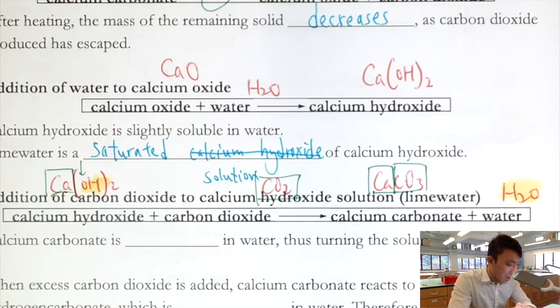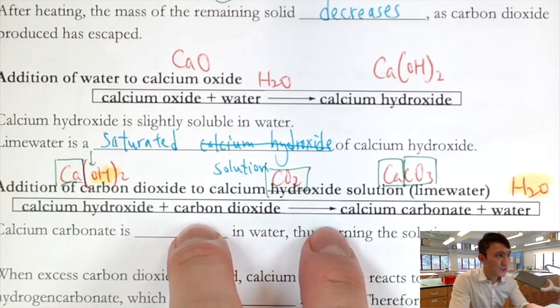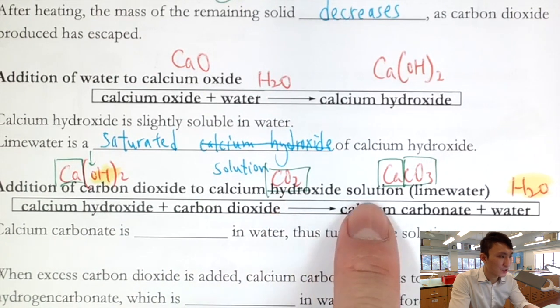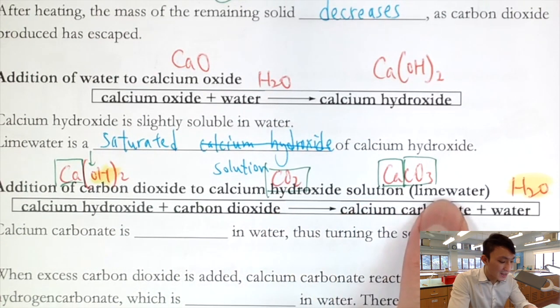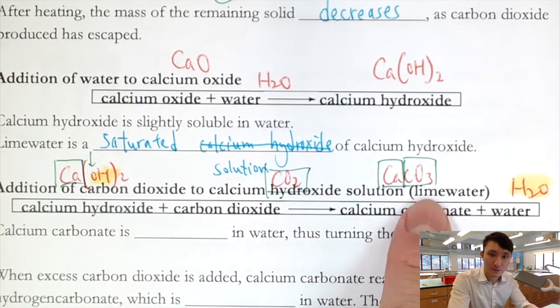All right. Now, going back to this reaction. Do you remember? Just now I said that calcium hydroxide solution is basically lime water, right? And now we are adding carbon dioxide into the lime water. What do we expect to see? Carbon dioxide, lime water. It rings a bell. It should form a milky solution, right? The solution turns milky.